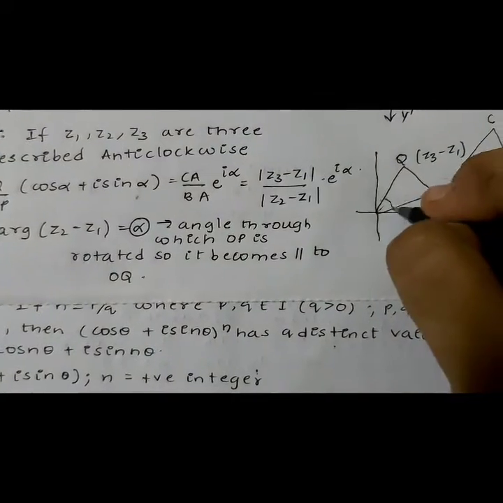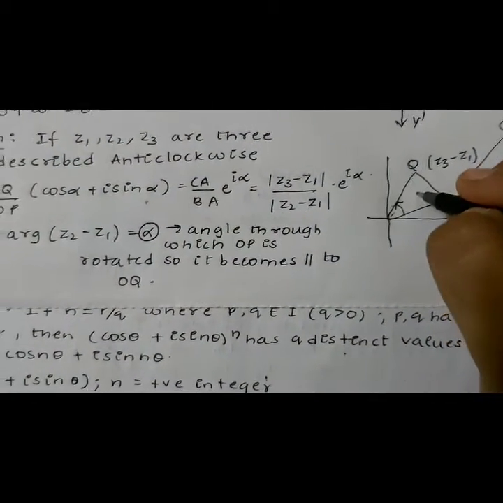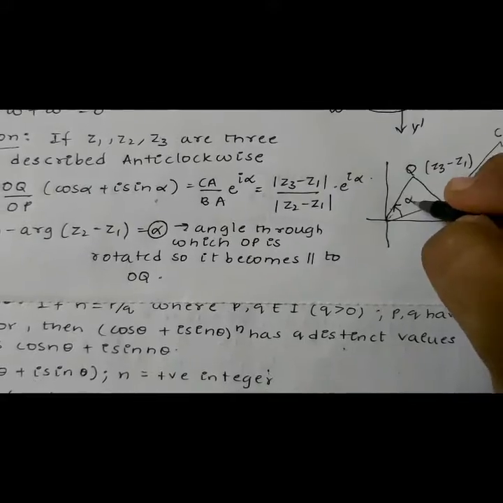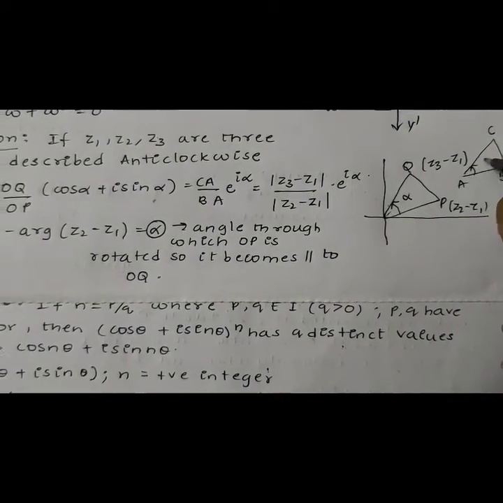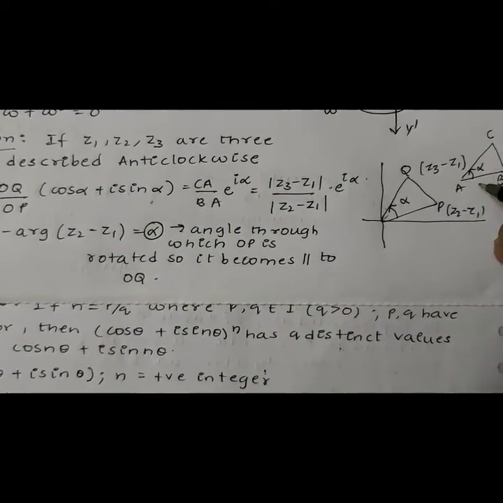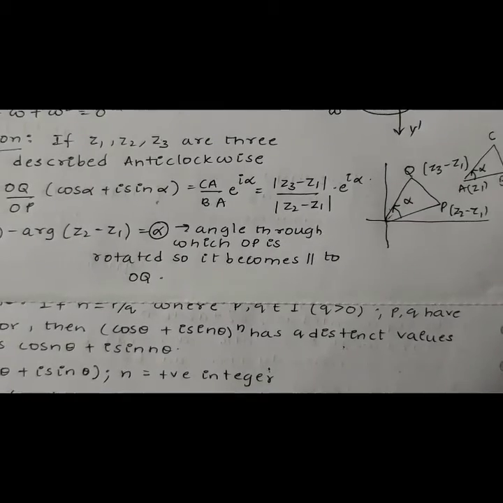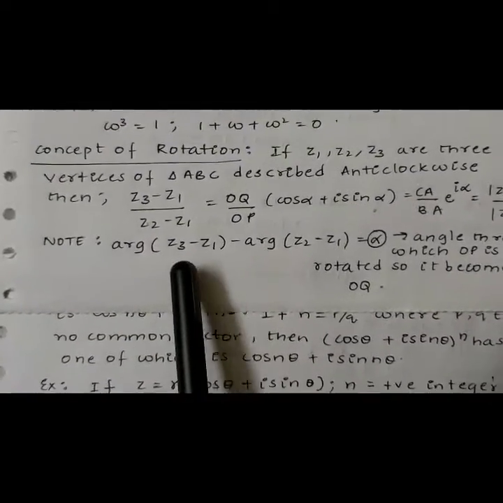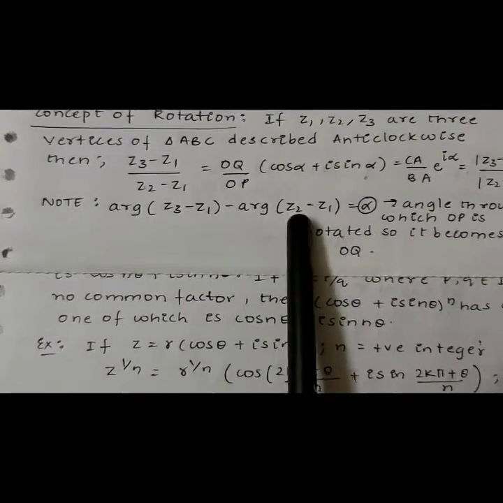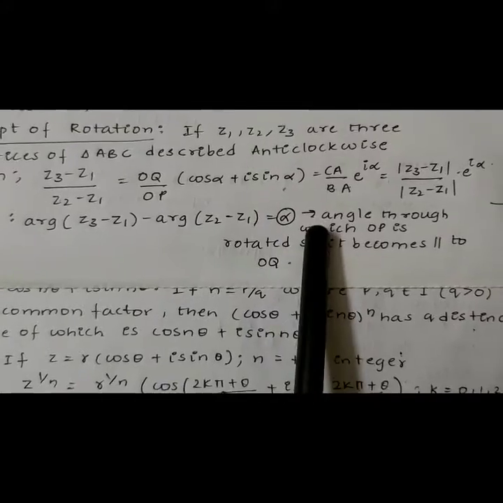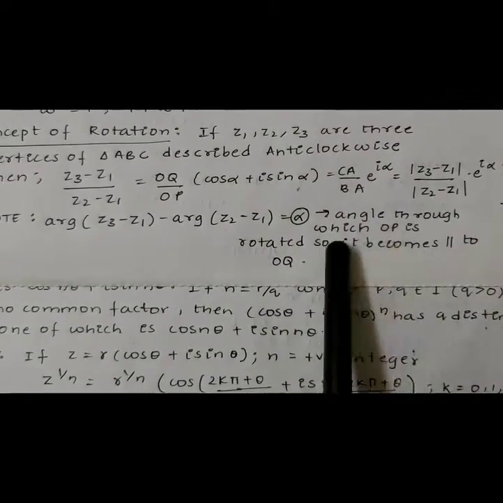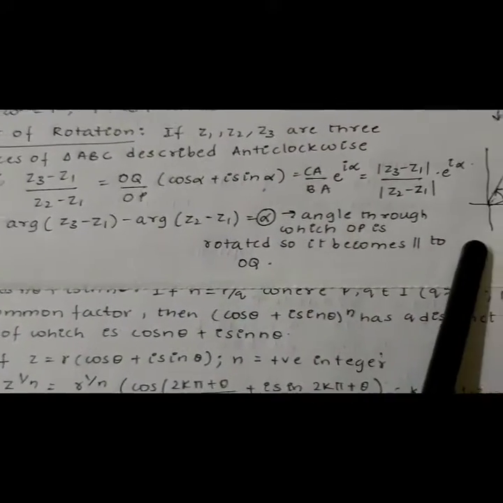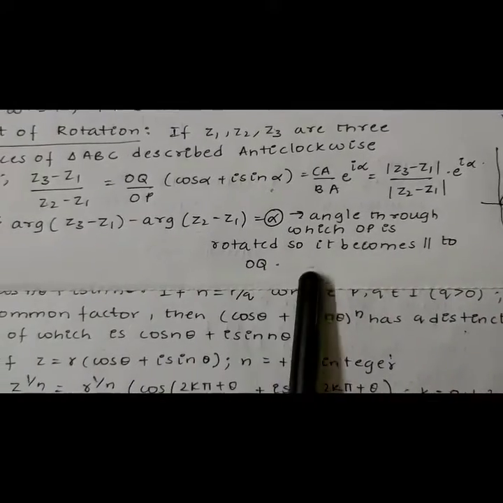When we rotate this plane in the anti-clockwise direction by alpha, then this also should be rotated in the anti-clockwise direction by alpha, where A is Z1, B is Z2, C is Z3. Note, argument of Z3 minus Z1 minus argument of Z2 minus Z1 is alpha. That is the angle through which OP becomes parallel to OQ.